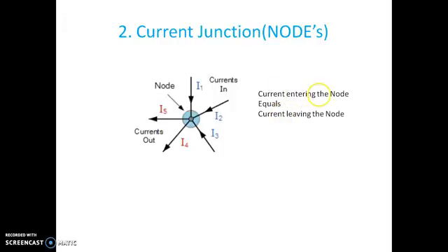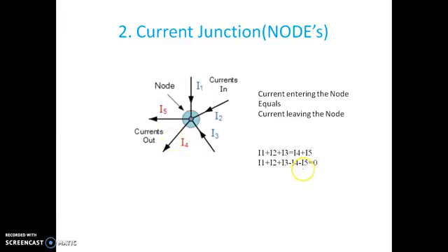The current entering the node equals the current leaving the node, which is I1 plus I2 plus I3 equals I4 plus I5, where I1 plus I2 plus I3 is the current entering the node, and I4 plus I5 is the current leaving that node.